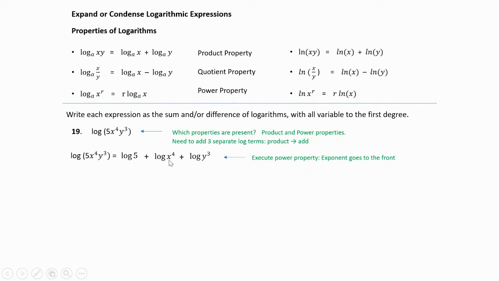Boom, you see they go to the front. So the 4 must go to the front. So this is the expanded version of log base 10 of 5x to the fourth y cubed. Oh, I forgot about the 3. The 3 goes to the front.